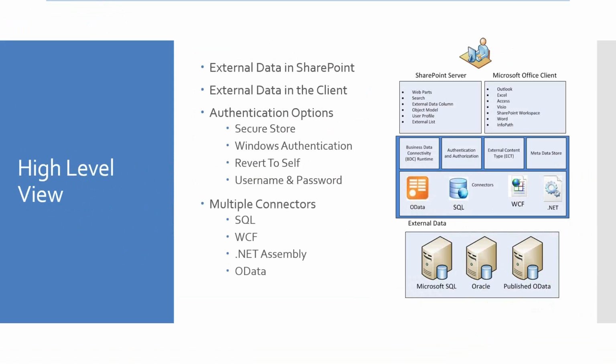We can build custom solutions using the BCS object model, and also we can pull in user profile information as well from the external data source. So all of this is what Business Connectivity Services provides. From the Office client, we can also interact with the data via Outlook, via Word, via Excel, also InfoPath and so on, and get at the data through those applications as well. And all of that is going through the Business Connectivity Services service, if you like, the Business Data Connectivity runtime.